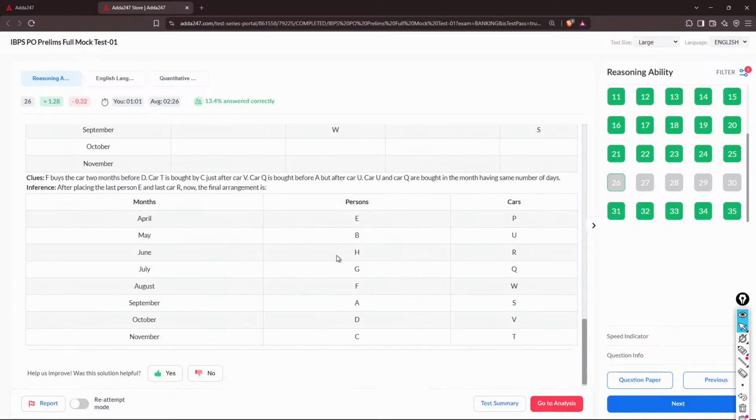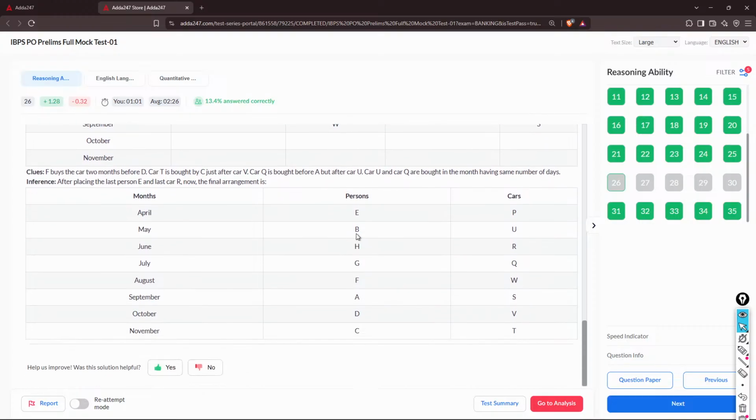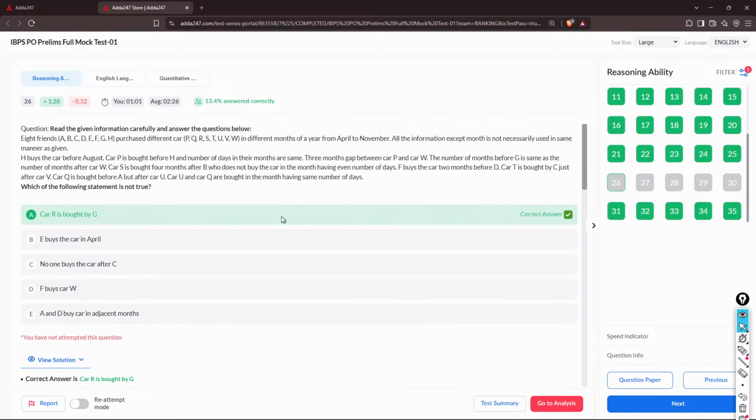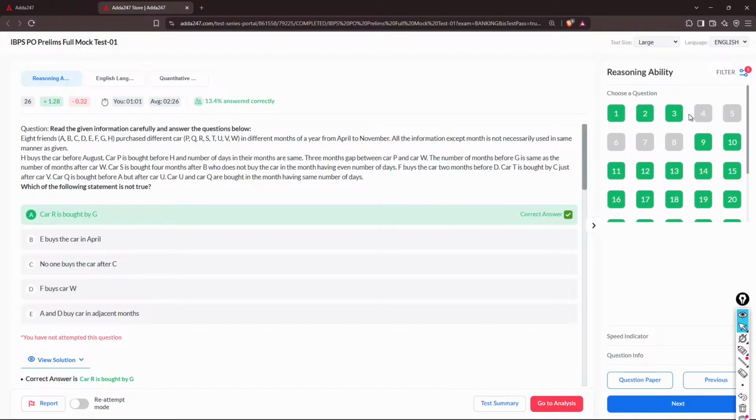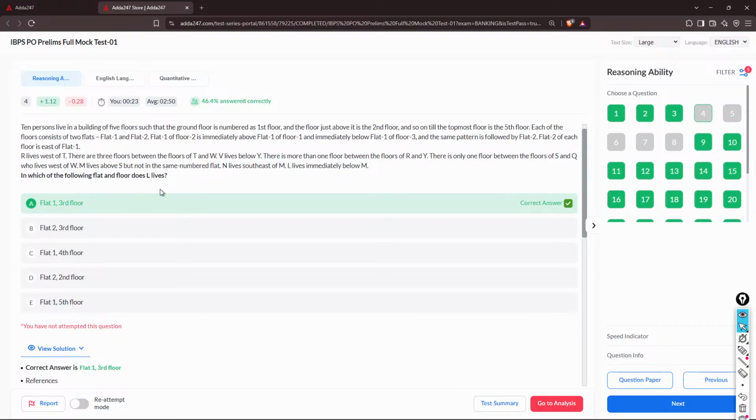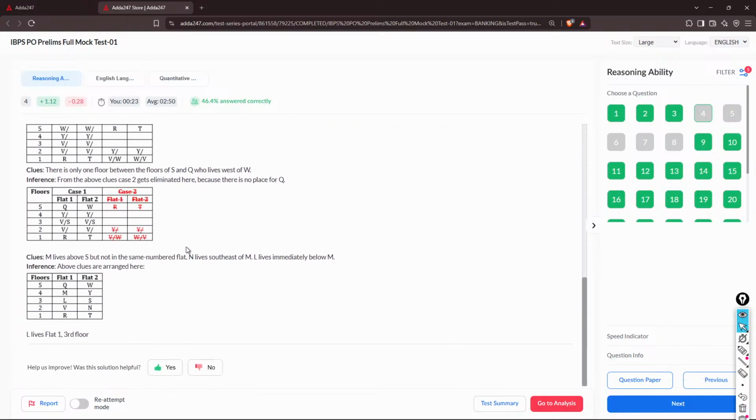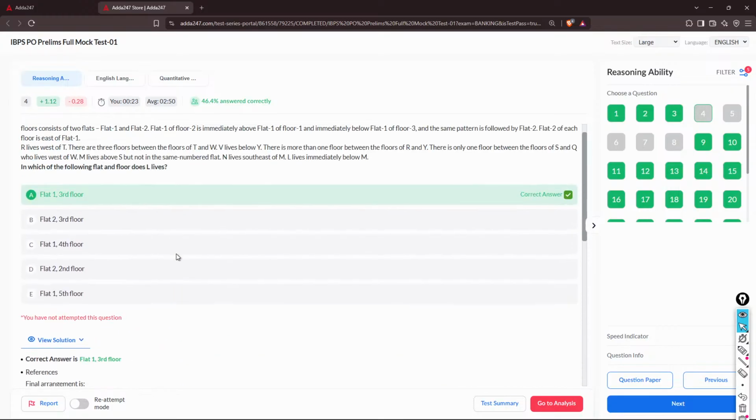There would have been many cases. Okay, person and car. I shouldn't even have tried it. So this one was doable. Still, two cases were coming. So, all right.